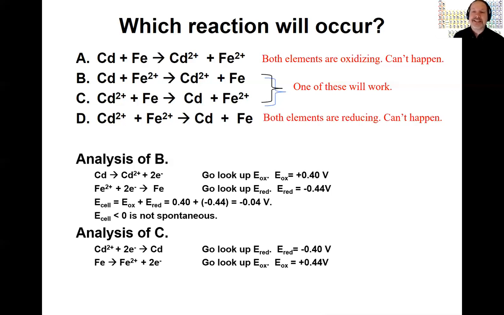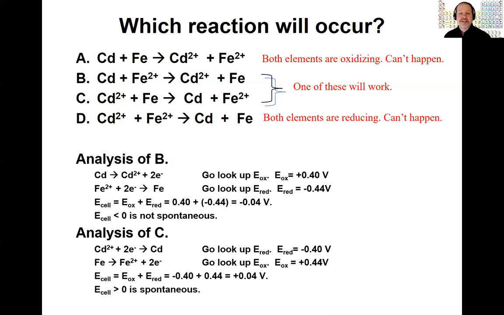Now I'm going to add the oxidation and reduction potentials together, and I get a plus 0.04 volts. This is greater than 0, and it's more positive than the other one. So this is the reaction that's going to work. So C is the one that's going to work. And notice the analysis process that I have to go through to figure that out.